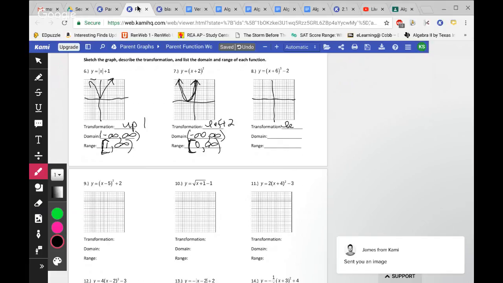The lines are really hard to look at. Oh my gosh, aren't they? Okay. It's going to go left 6, down 2. Okay, so left 6, down 2.